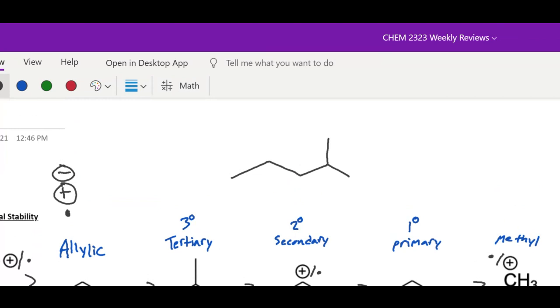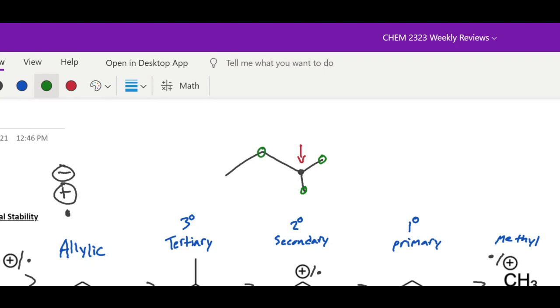So if I'm looking at this carbon, I draw an arrow to the carbon I'm looking at, and I circle all of the other carbons bonded to that carbon.